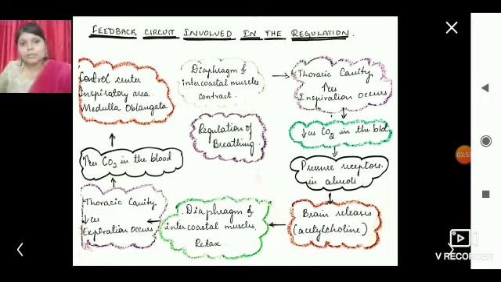If there are more carbon dioxide levels in the blood, our body tends to increase the oxygen molecules. How do you get the oxygen molecules? By inspiring. So the diaphragm and the intercostal muscles contract, so that the carbon dioxide is released out and the oxygen can enter inside.